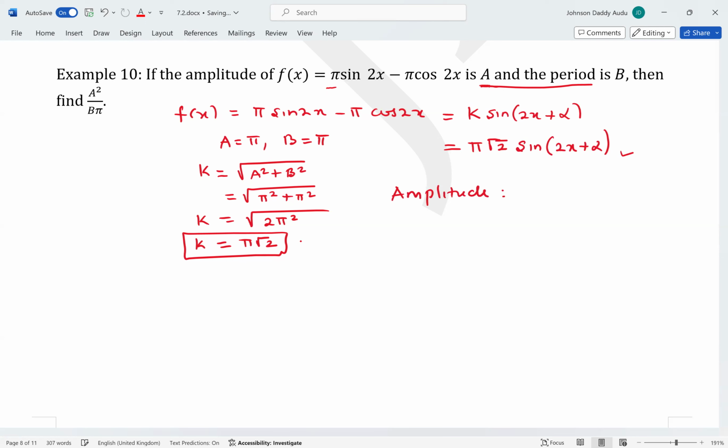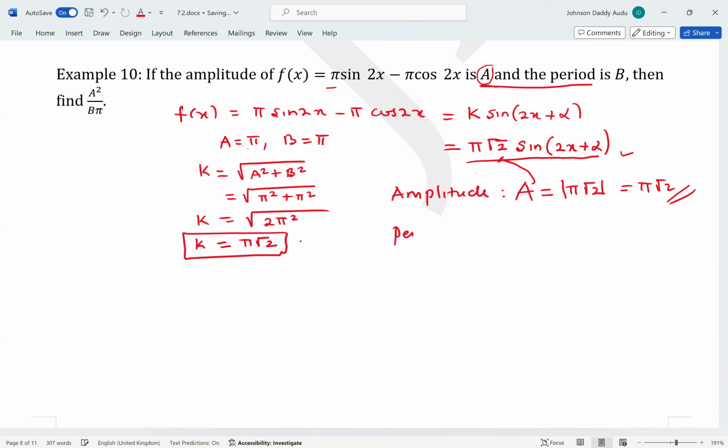In this question, this A here is different from this A. This A, remember, is the coefficient, but we are told that the amplitude is also A. So this amplitude A is just going to be pi root 2, because when you have this, this is our amplitude. We can take the absolute value, which is still the same as pi root 2.